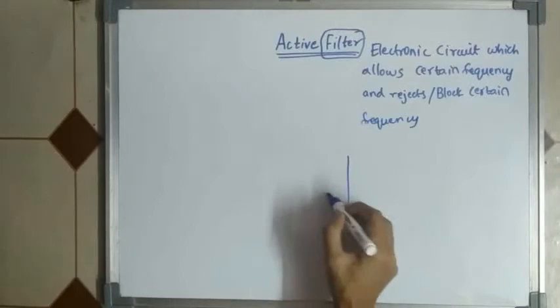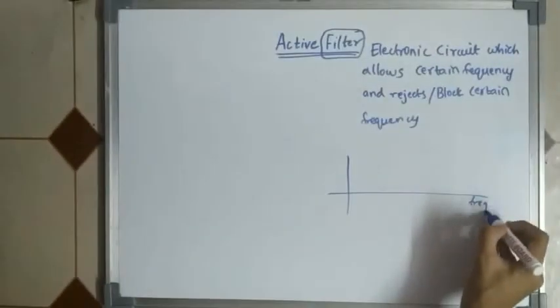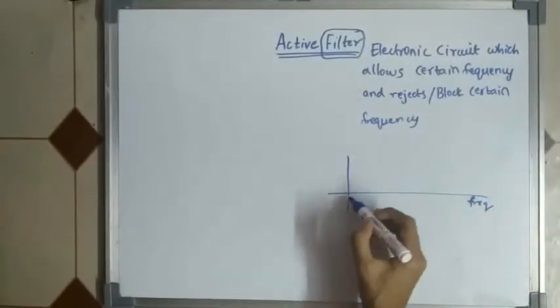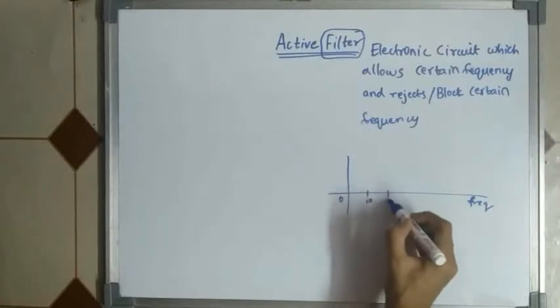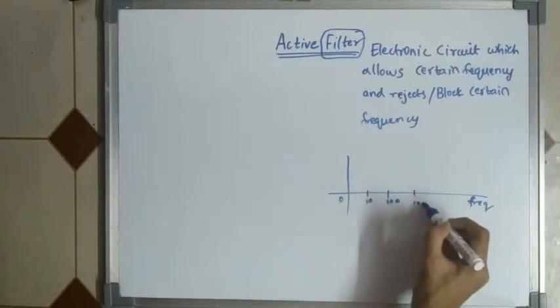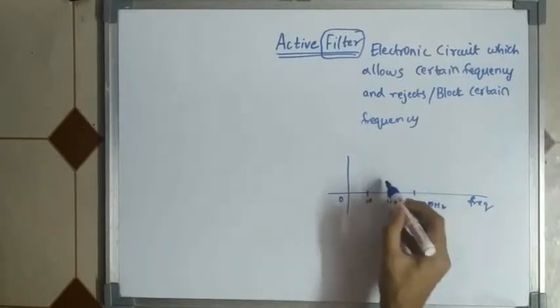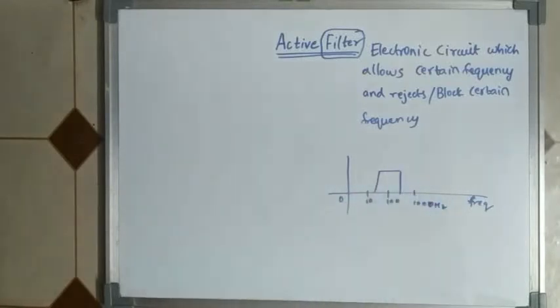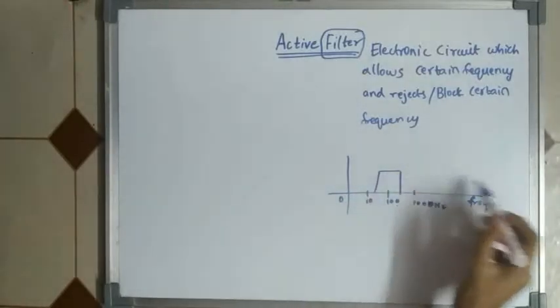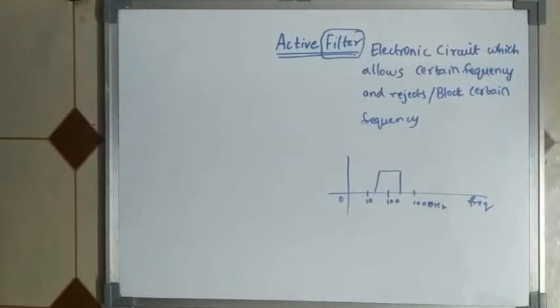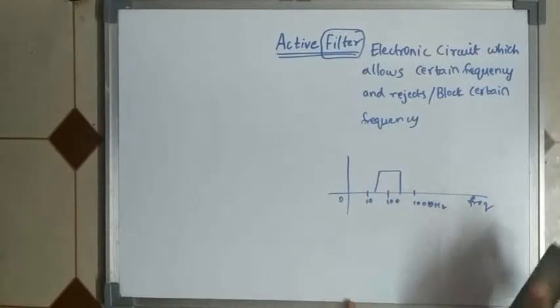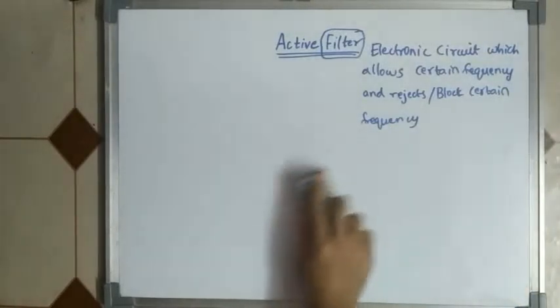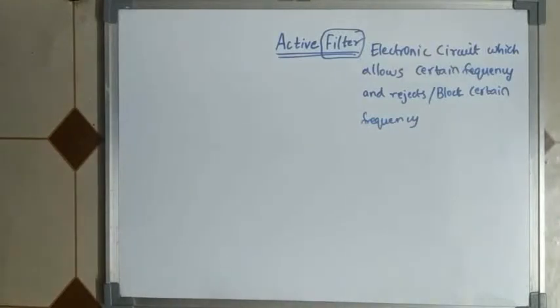So what do you understand by that? If we have frequency on the x-axis, say this is 10 hertz, this is 100,000 hertz, it will allow certain frequencies and block other frequencies. Now you have understood what are filters.